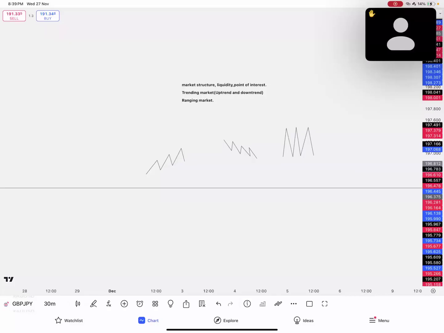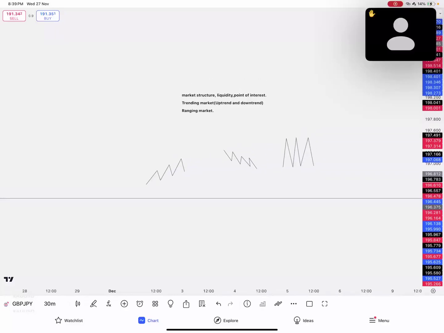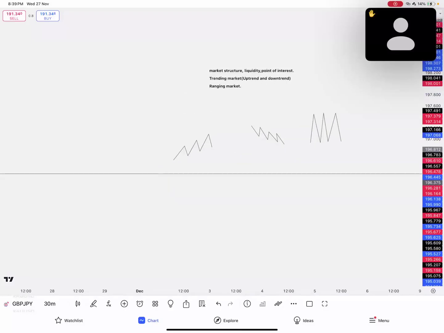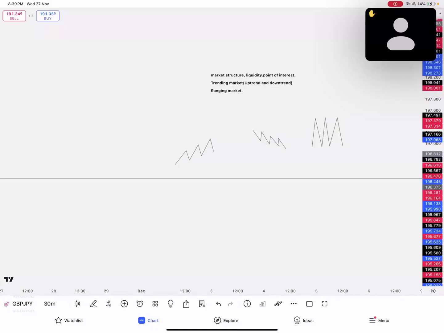The ranging market is also called consolidation, which basically means the market is accumulating liquidity.